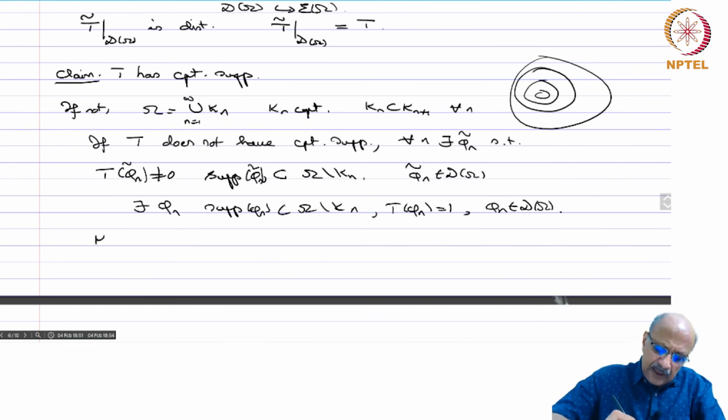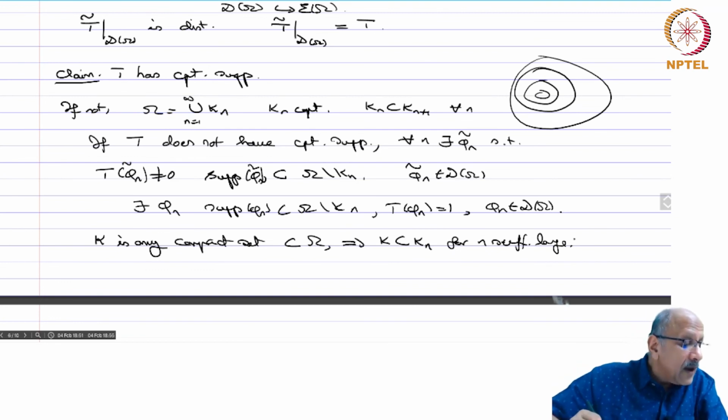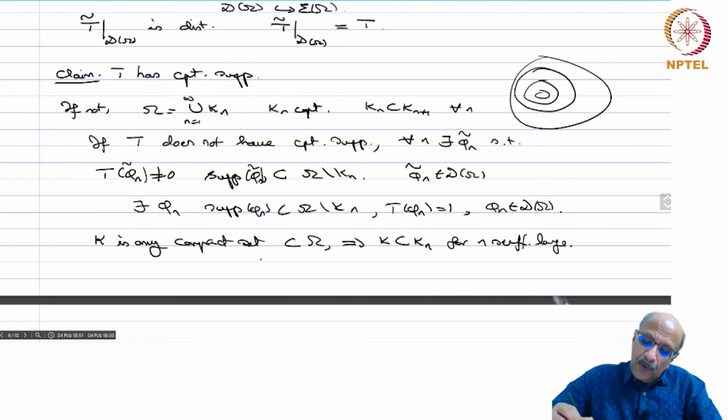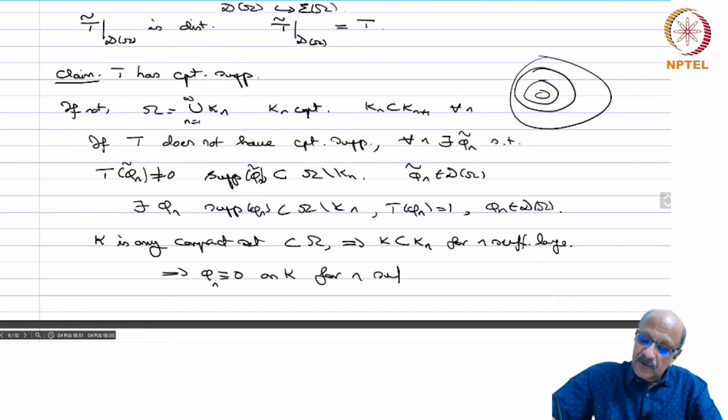If K is any compact set contained in omega, then K is contained in Kn for n sufficiently large. And now the support of phi n is contained in omega minus Kn, so phi n is identically 0 on K for n sufficiently large.